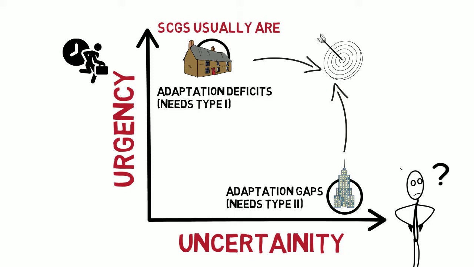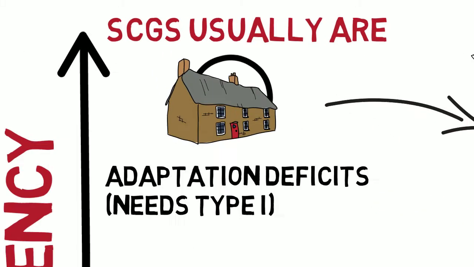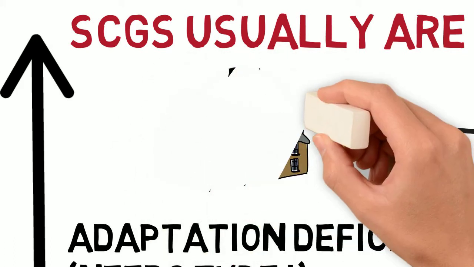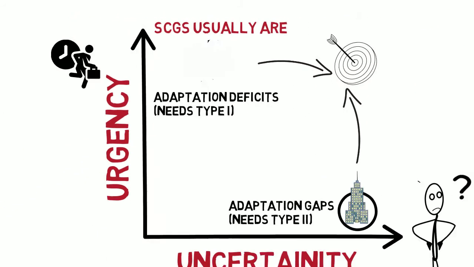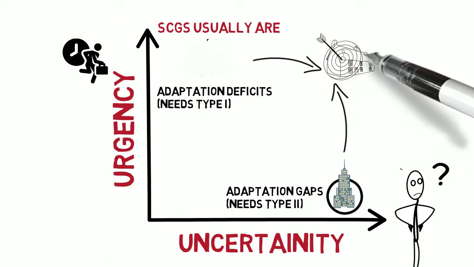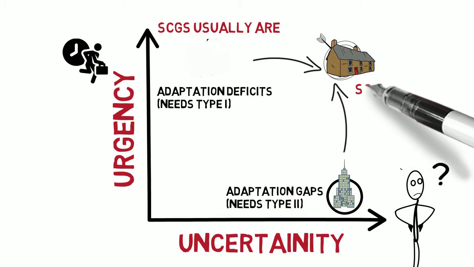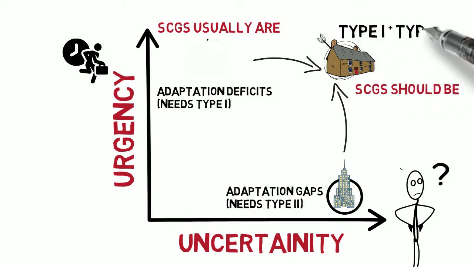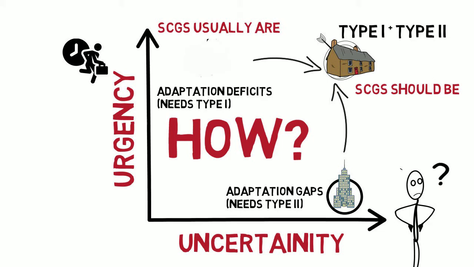They do not have too many adaptation deficits to speak of. Now, our proposal was to move SCGS from addressing only type 1 to a situation where we address both type 1 and type 2 adaptations. Once we do that, it becomes immediately clear that SCGS has to address a high level of uncertainty combined with a high level of urgency. Now, this is a very difficult situation.